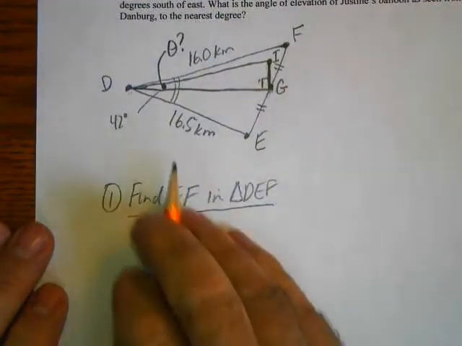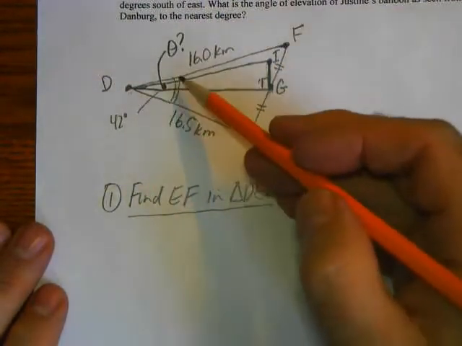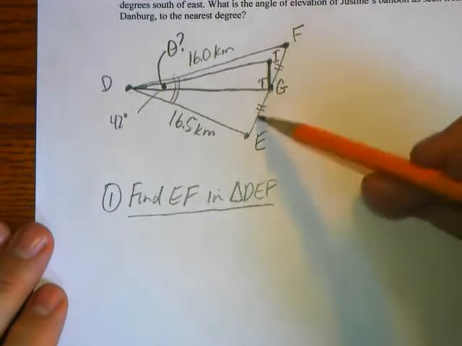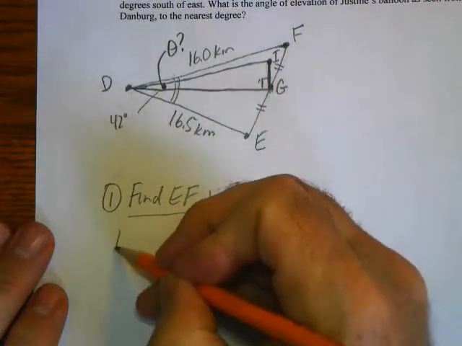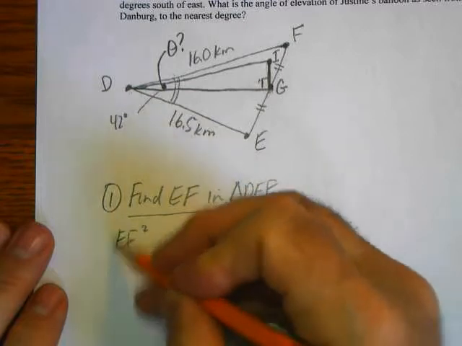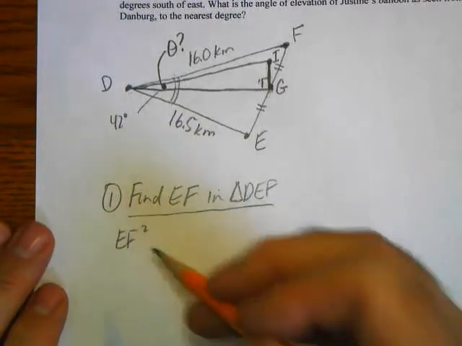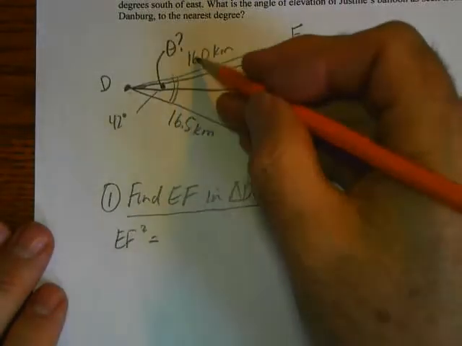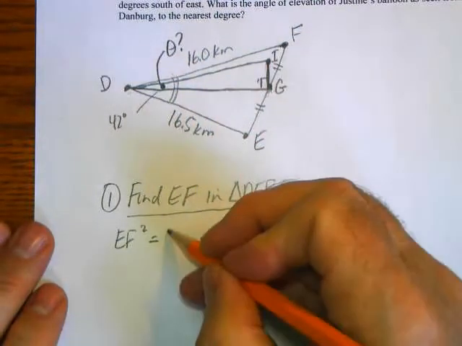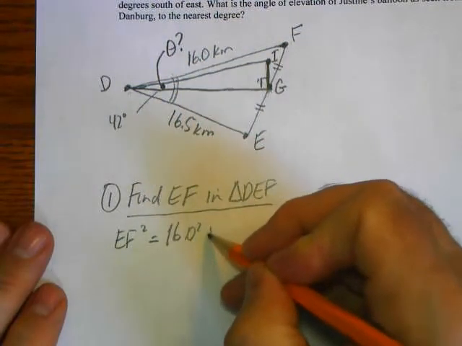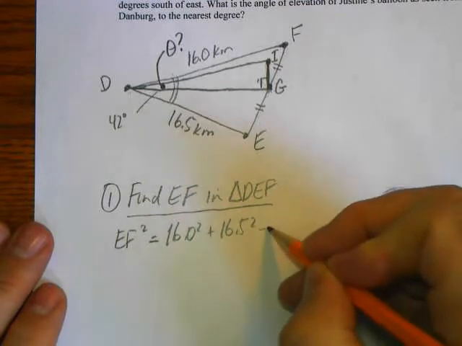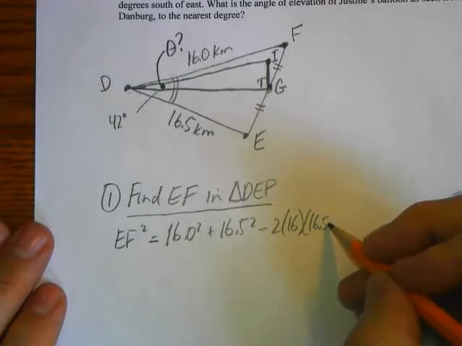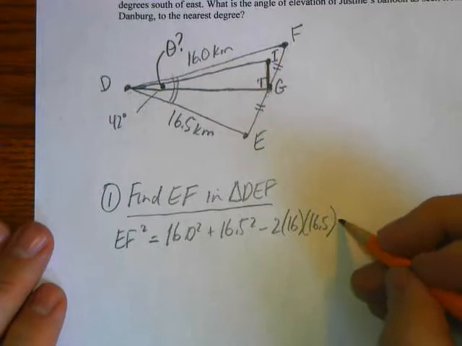Okay, so if I adapt this to cosine law, the 42 is the angle I'm using. So the opposite side, EF, is what I'm going to be solving for. So EF squared, and I'm not going to use the magnitude or the vertical lines this time. I don't want it to be too cluttered. So that's going to be equal to the sum of the squares of these 2 sides. So 16.0 squared plus 16.5 squared minus 2 times 16 times 16.5 times cosine of the angle 42.